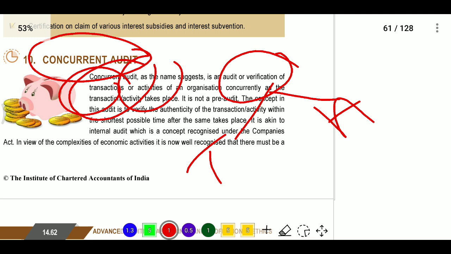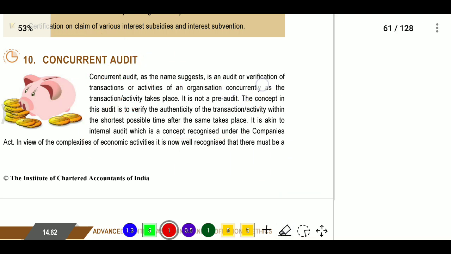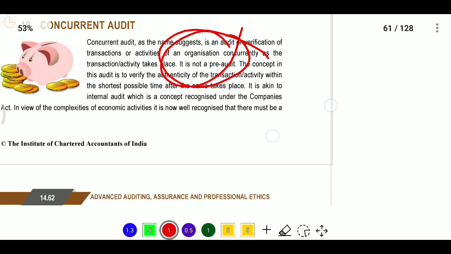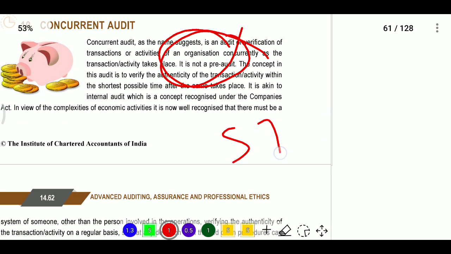But it is not a pre-audit. The concept of this audit is to verify the authenticity of transactions or activity within the shortest possible time. So, simply put, it is similar to internal audit.